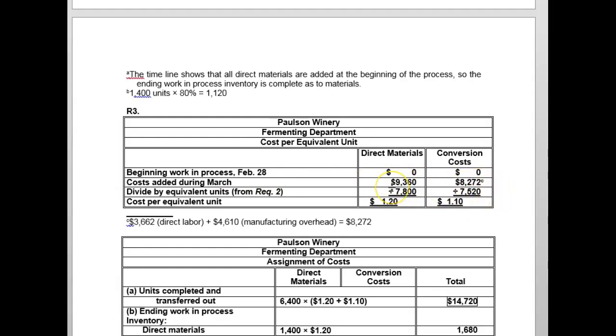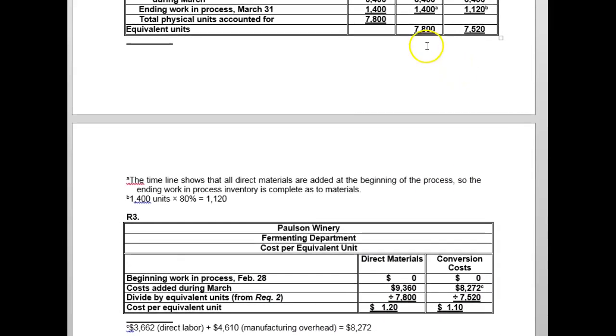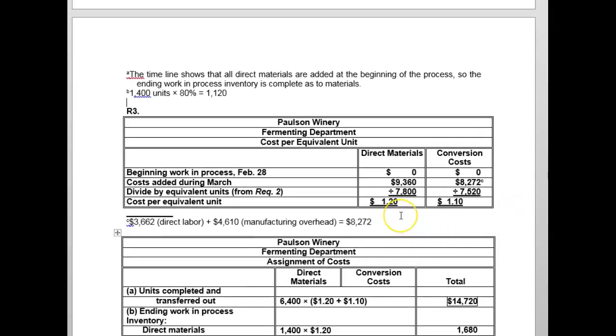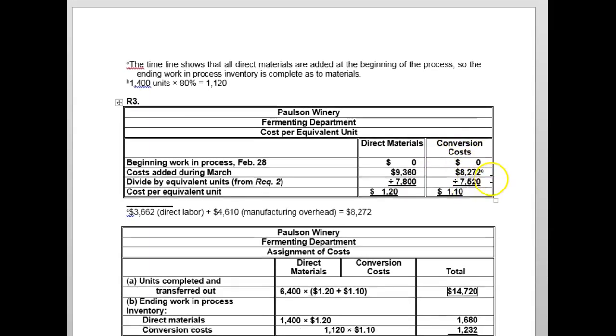Those are the costs that I have to allocate per unit. So now I pull down those 7,800 for direct materials, those 75.20 for conversion costs, and come up with $1.20 for direct material cost per unit, and conversion cost gives me 110.